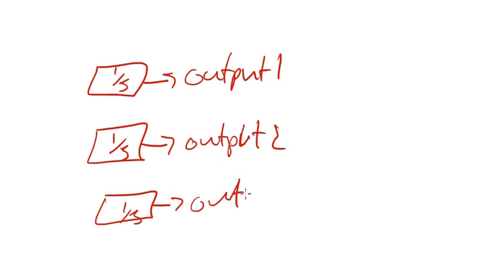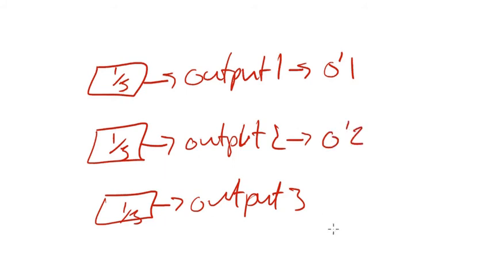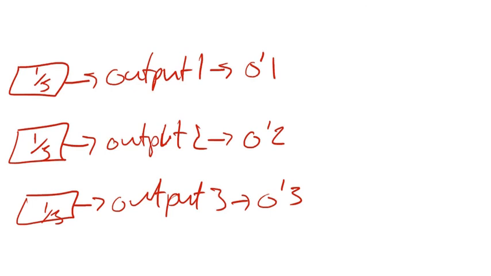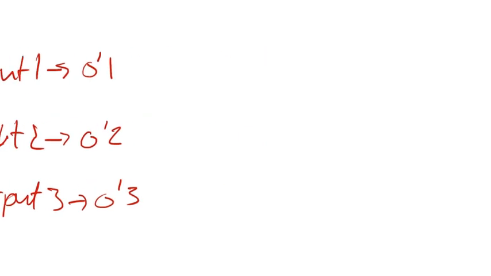And my output 3. And then along comes the combiner, and I'll get O prime 1. O prime stands for output prime 1, and I'll get O prime 2 and O prime 3. But still, we still have the same problem. They're not networked together yet.